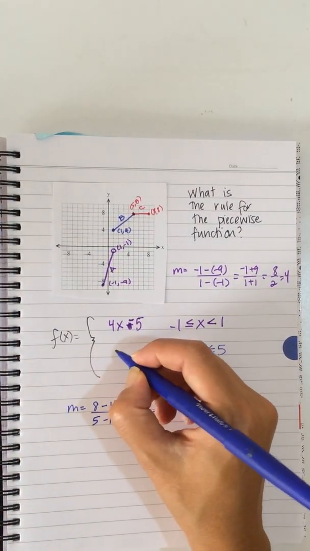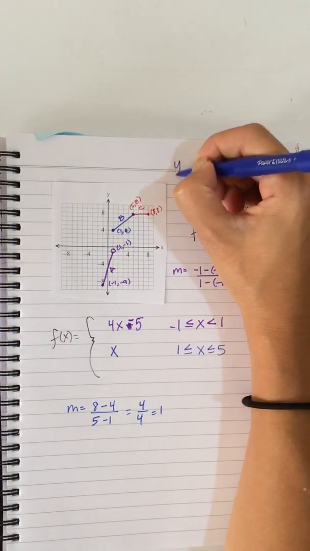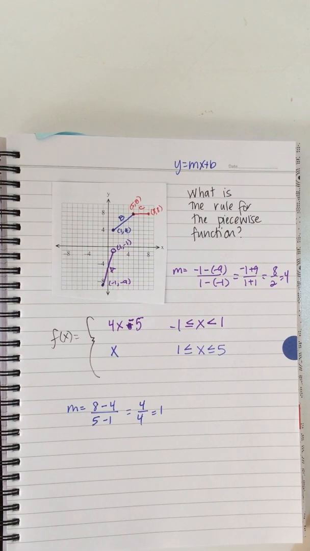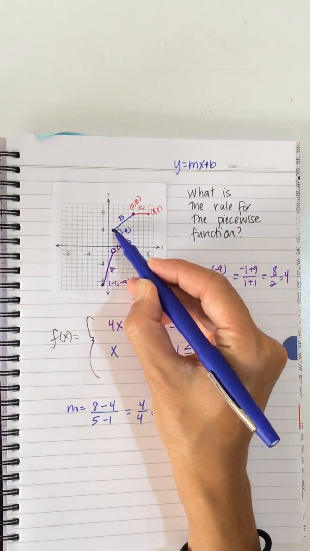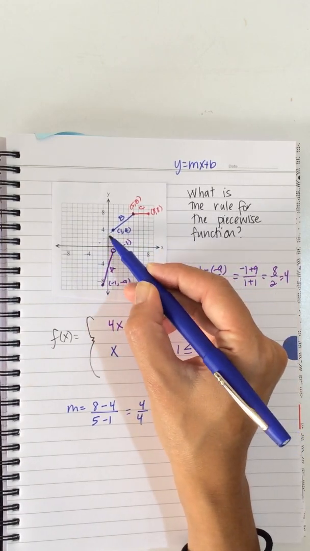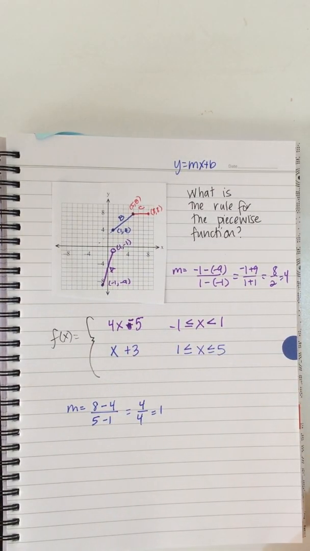So the slope is 1x, or x. Remember, I'm just using slope intercept form because it's easier for me. And then what is my y-intercept? If I kept going here, just imagine this thing kept going, the y-intercept would be (0, 3). So it would occur at positive 3. So that's the second part of the function.